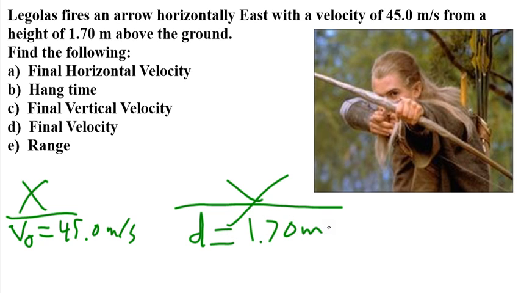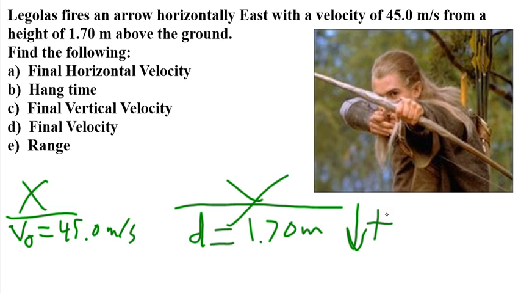What we have stated here is that down is going to be our positive direction, because it's starting 1.70 meters up, but it is only falling down in the vertical. So if that's its displacement down, we're going to be using down as our positive direction.